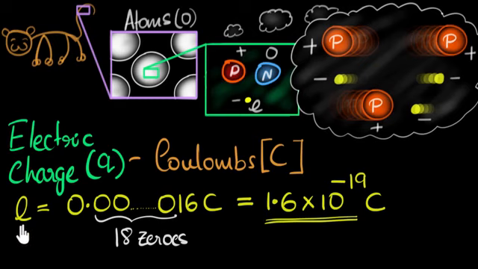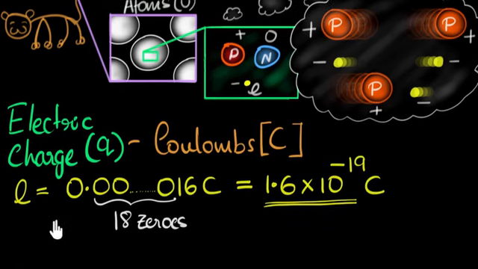Now that we know that the charge on an electron or a proton is such a small number, for electrons it would be negative, for protons it would be positive, we could ask ourselves how many, say, electrons would make up a total of 1 coulomb charge. You get it? It's going to be a huge number because the charge on each electron is so tiny. We need a lot of electrons to make up 1 coulomb. But exactly how many is the question.